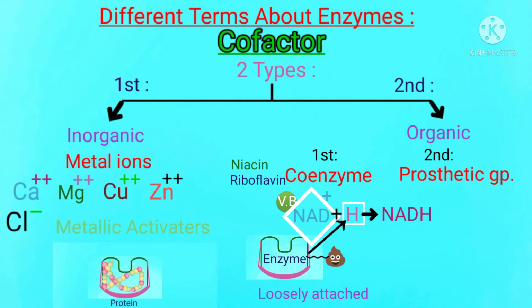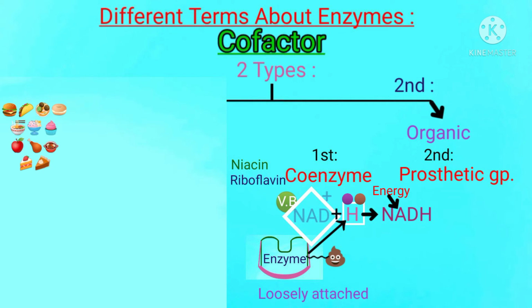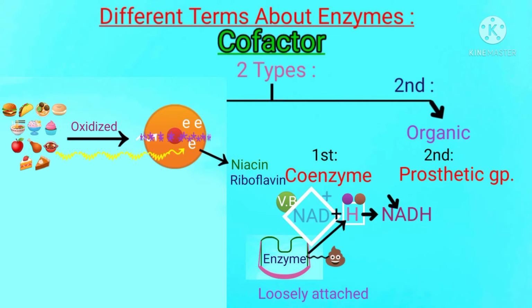Dear students, the electron that the hydrogen atom carries contains energy. This energy is carried by the NADH molecule. For example, when various foods are oxidized in the cell, the cell removes electrons from the food molecules. It donates these electrons to NAD, which then reduces to NADH.